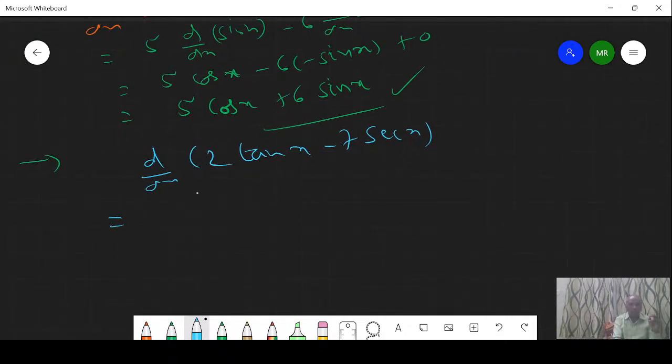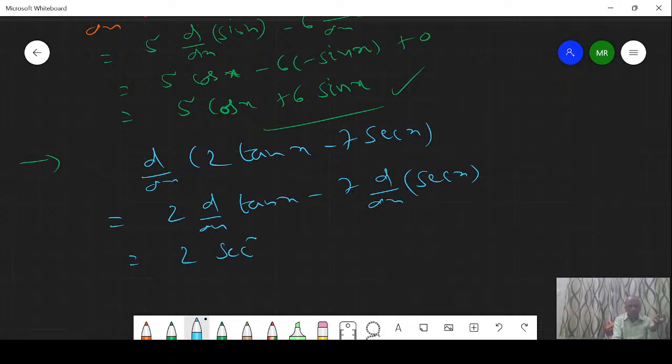Everyone should maintain the list of formulae. Otherwise, keep the list of formulae in your hand. 2 into d by dx of tan x minus 7 into d by dx of secant x. You can remember and practice the formulae. Derivative of tan x, we know, is secant square x. Just look at the list of formulae. But you should practice all the formulae.